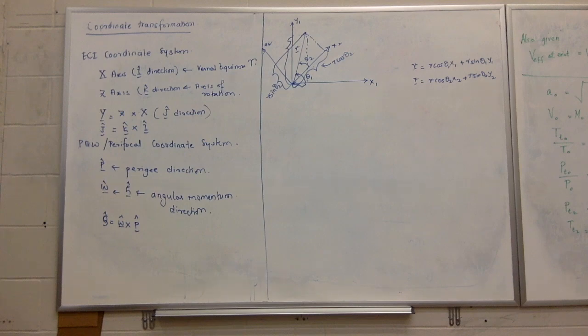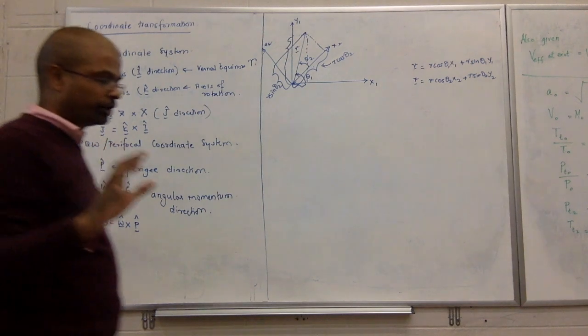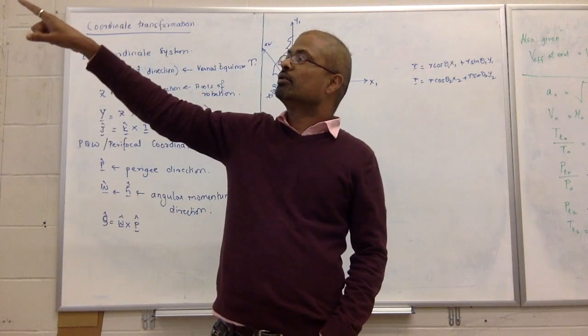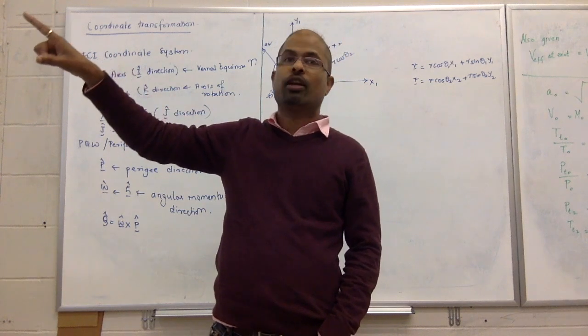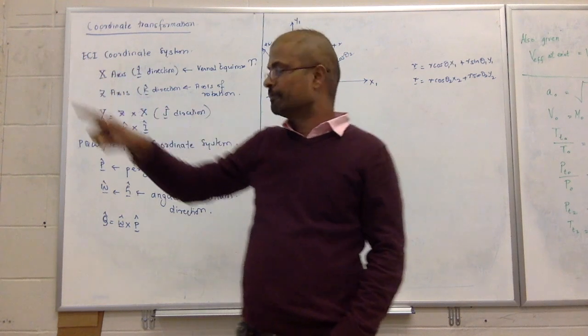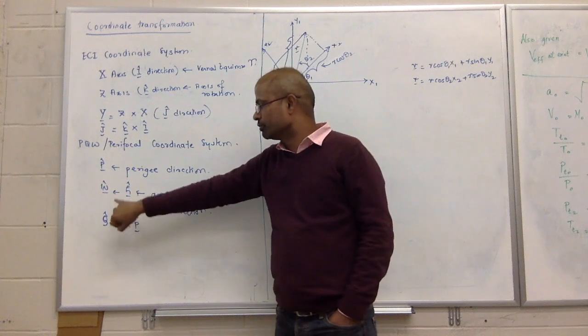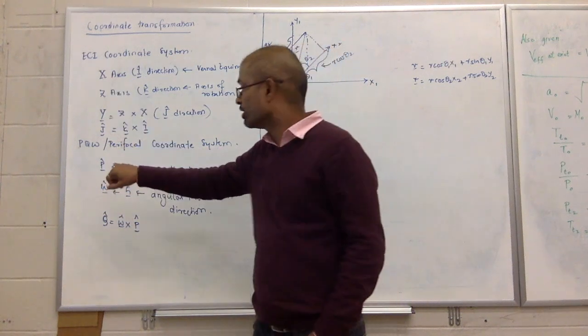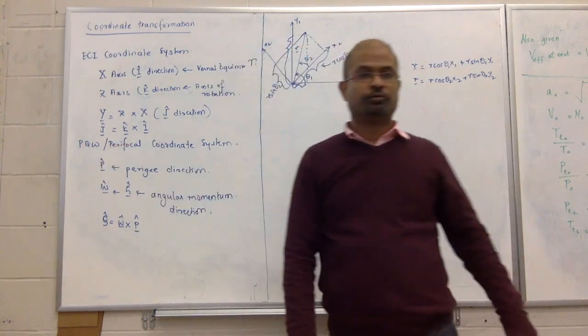If you look at R, I'm going to make this statement. Try to justify the statement for me. The R vector does not have a W component if it is coordinatized in the PQW frame.